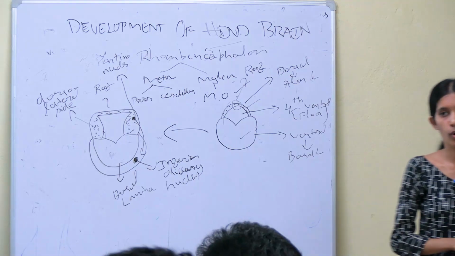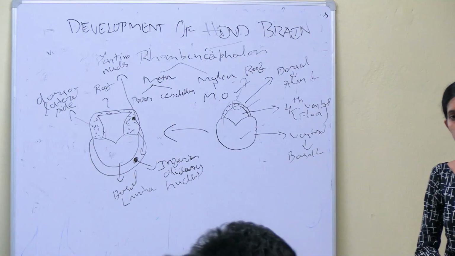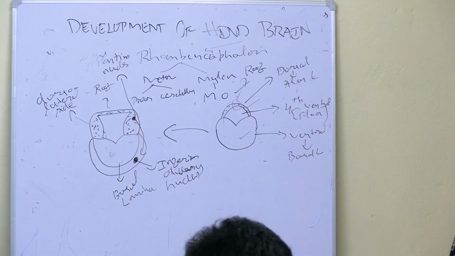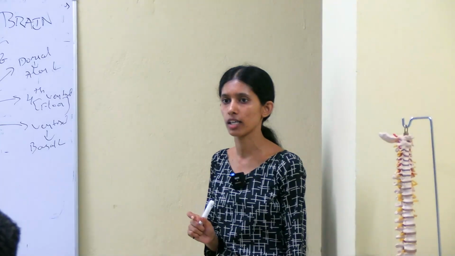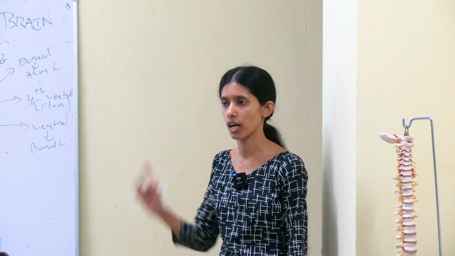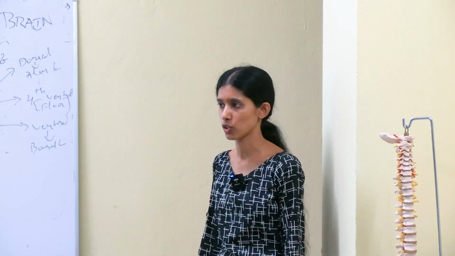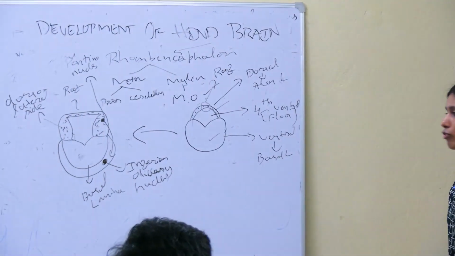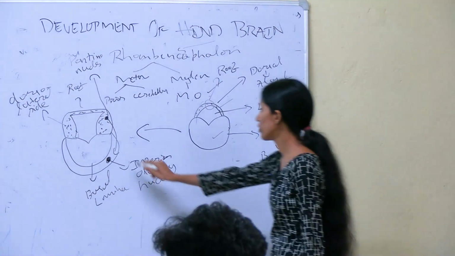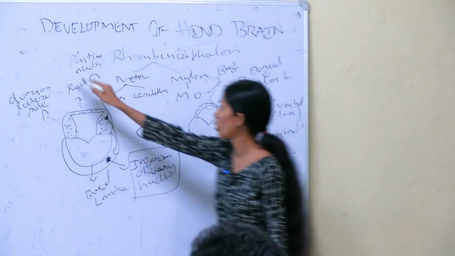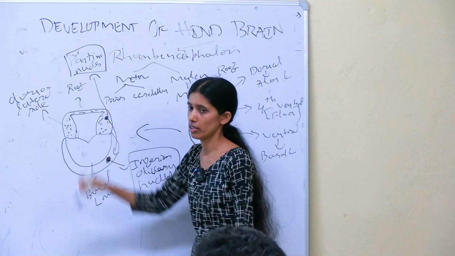So once the roof structure gets elongated, your alar lamina is pushed towards the dorsolateral side. Once the pushing takes place, the cells present in your alar lamina region will start moving in both directions. The cells which move downward will form the inferior olivary nucleus, and the cells that move upward will form the pontine nucleus.